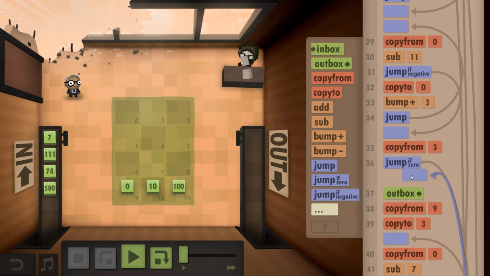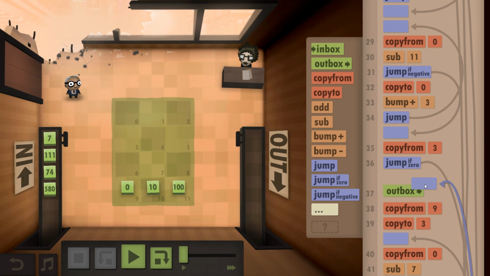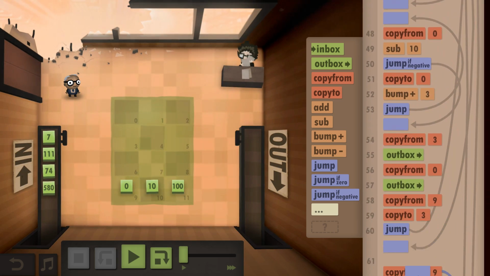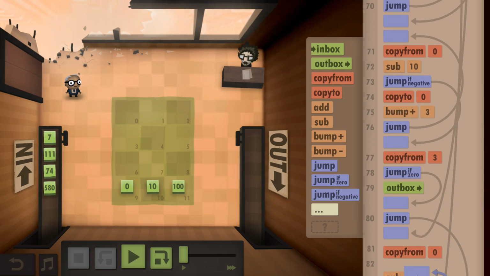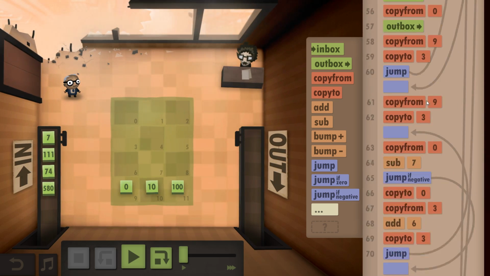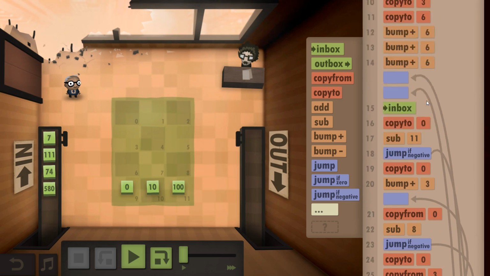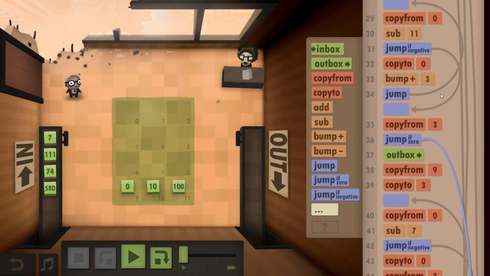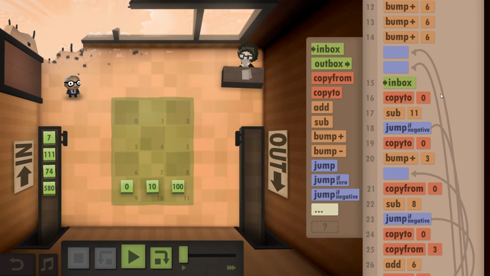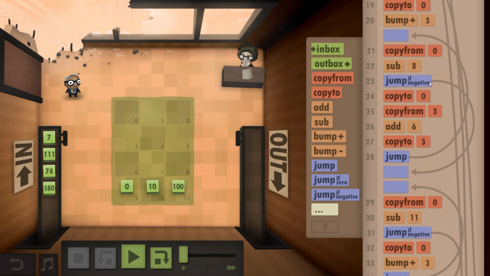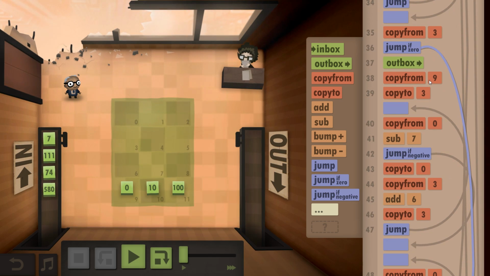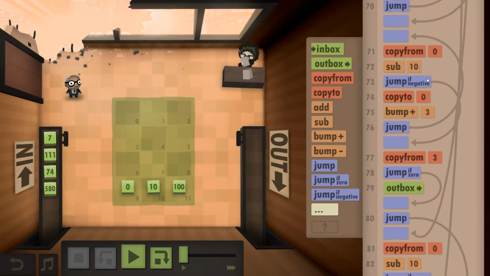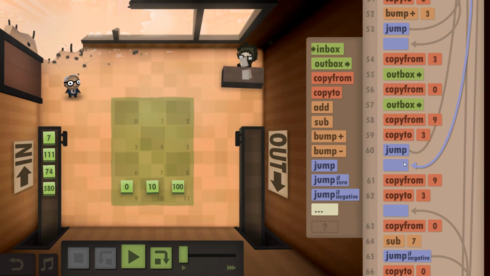This can never be 0. This is completely unnecessary. Let's leave that right here for now. Where's that? Here. This can never be 0 because I jump out of that loop. So where this goes to line 61.